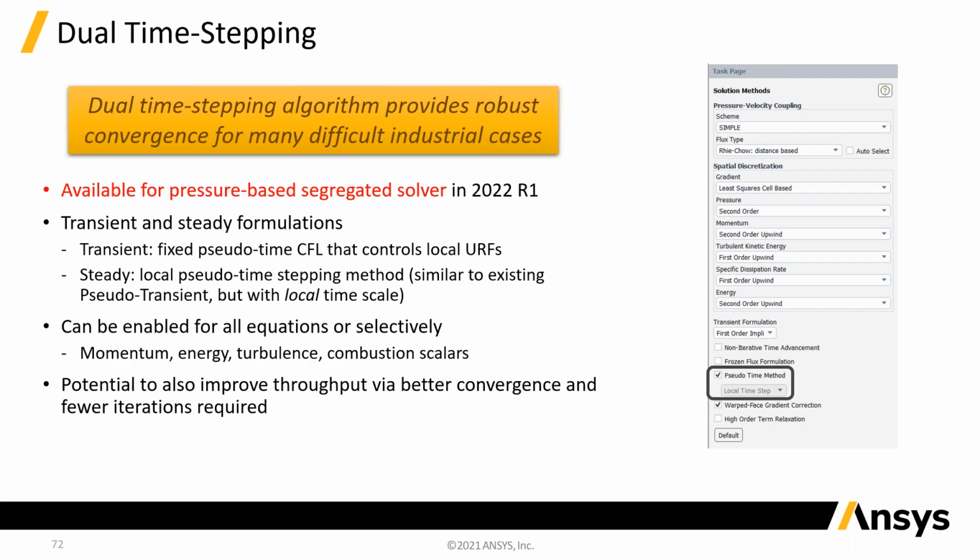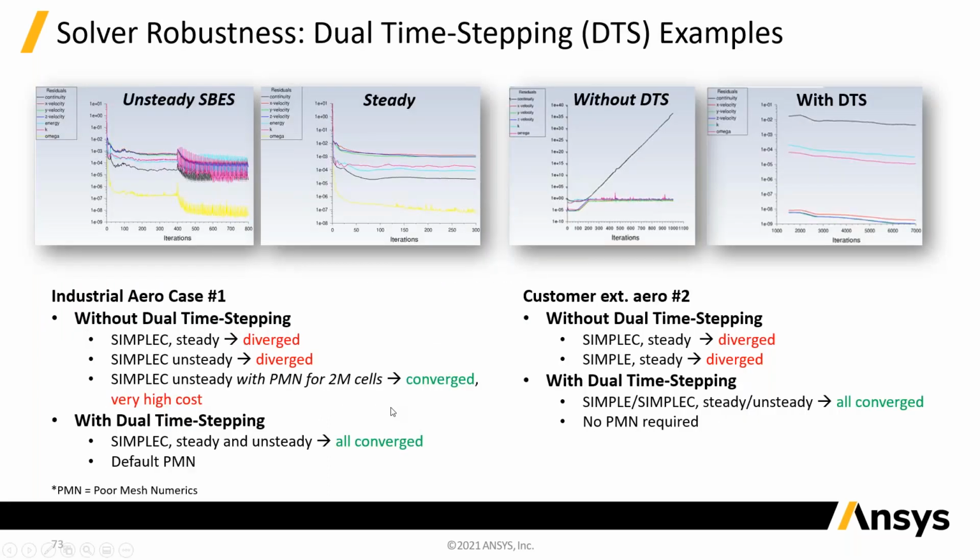So when you're using one of the segregated solvers, you can think of it as having like a local relaxation factor in every cell if you use it based on CFL numbers. So just like you can use this Courant-based determination of the time step when you're using a coupled solver, you can start to do that now here. And it's giving you some really good convergence behaviors here.